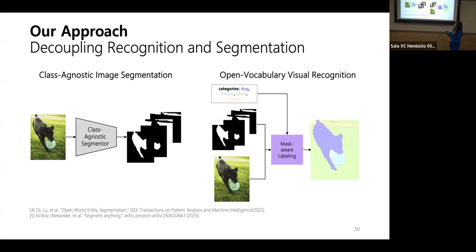In our task, we define as input the image, the segments, which can be ground truth segments or the ones produced by these segmentation models, and a vocabulary of categories of the objects that we want to recognize. We want to build a mask-aware labeling model to classify the segments that we have.